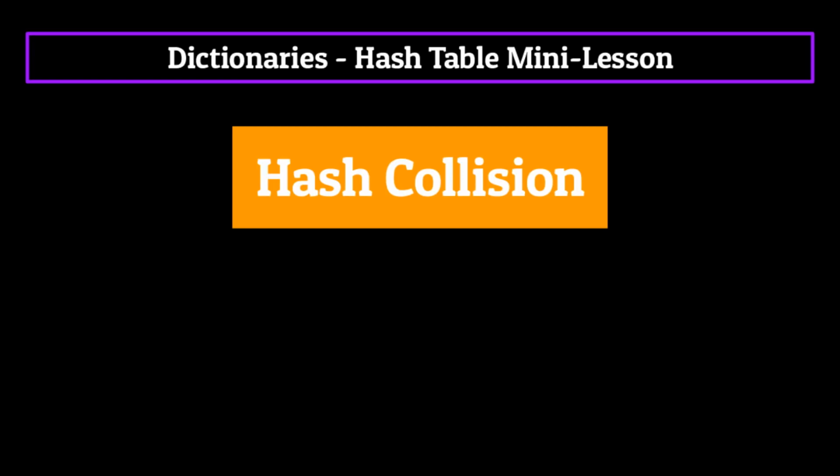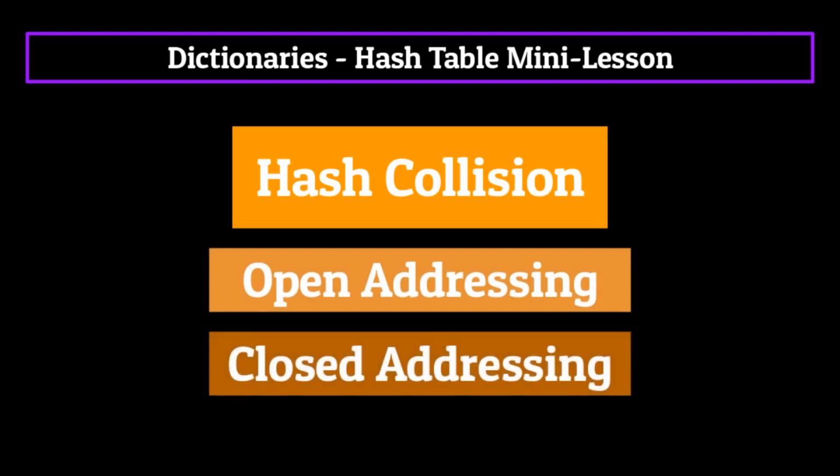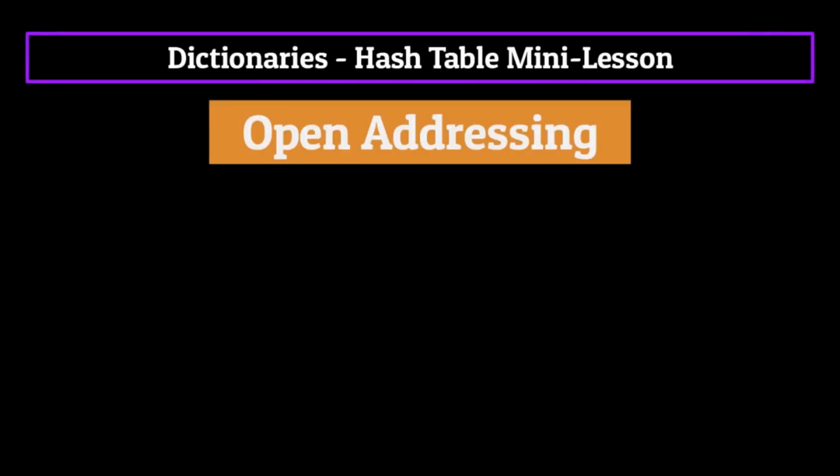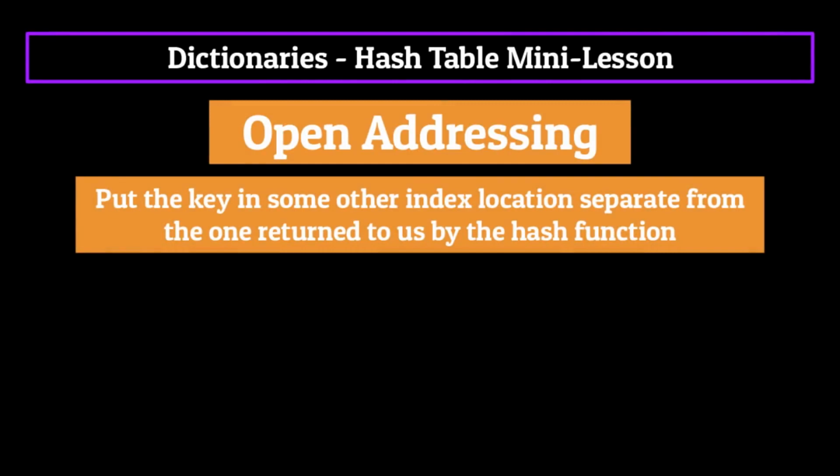This little problem is what's known as a hash collision and can be solved one of two ways, either open addressing or closed addressing. With open addressing, we just put the key in some other index location, separate from the one returned to us by the hash function. This is usually done by looking for the next nil value in the table, i.e. the closest location which contains no key.